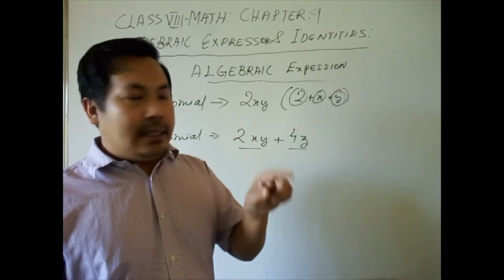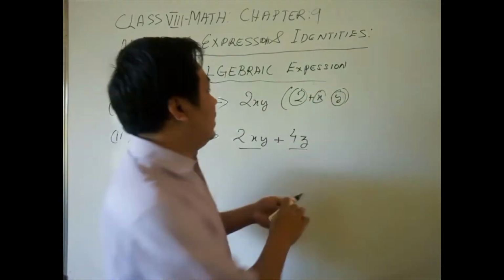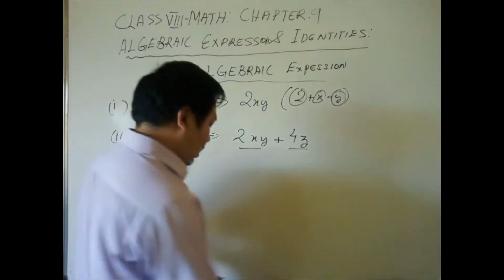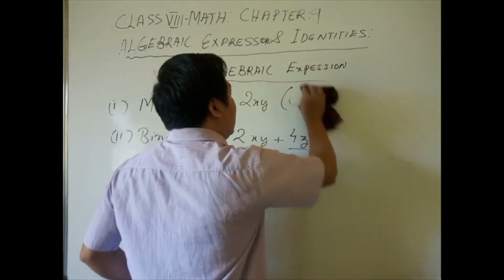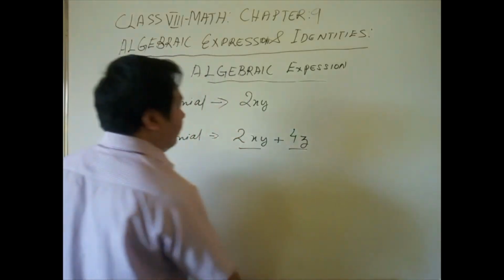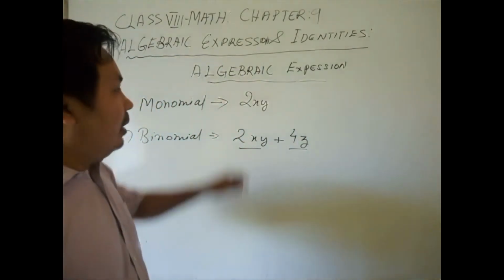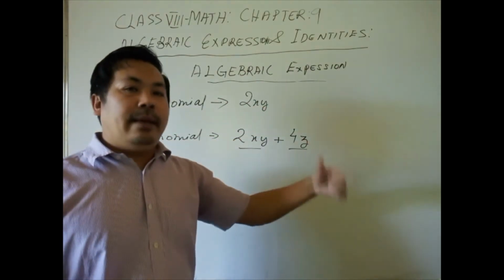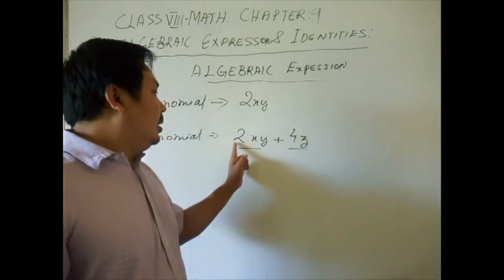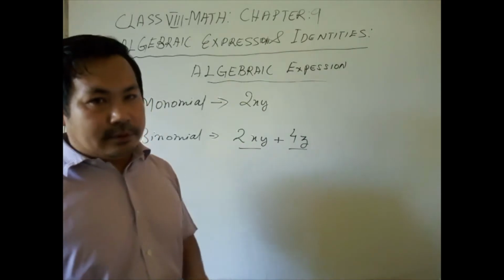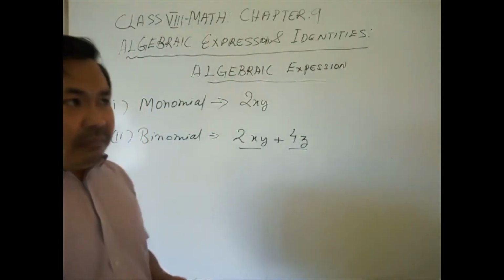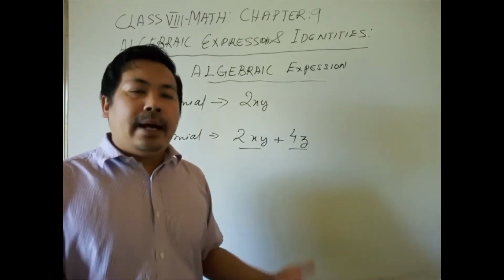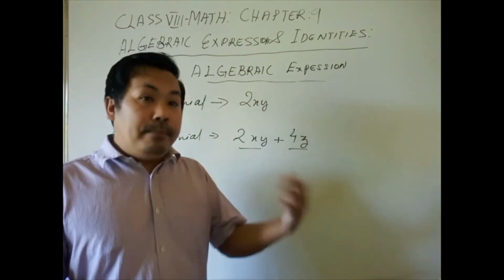But plus or minus does. In multiplication, they make one term, but in addition and subtraction, they make different terms. This is one term and this is another term. Once again, terms are separated into different terms by addition or subtraction, or by plus or minus.